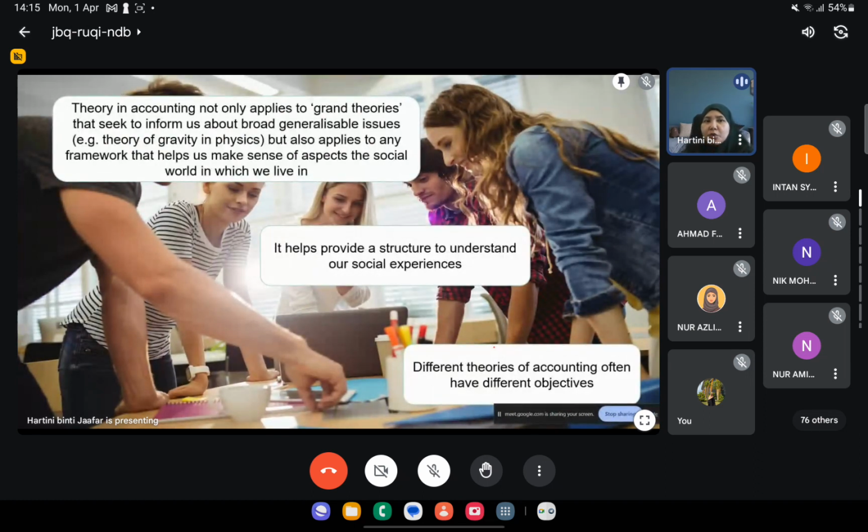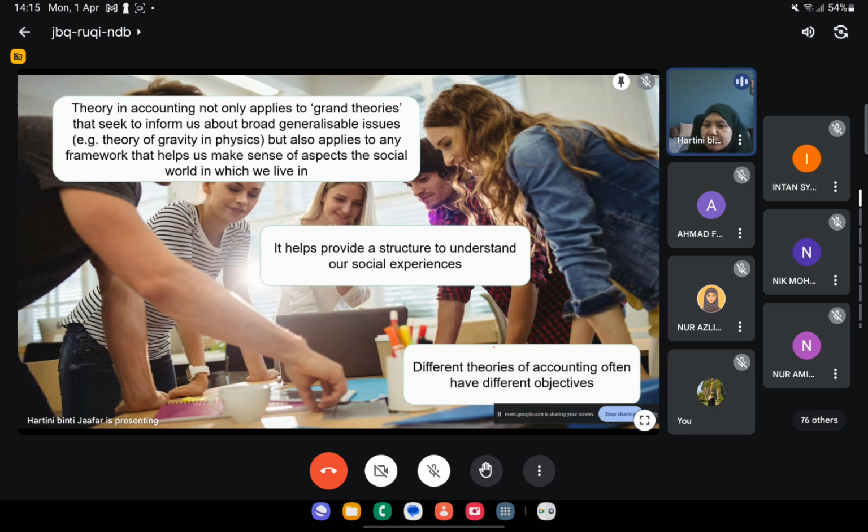So a lot of our theories in accounting are actually based on other fields. The most that we adopt or borrow the concept from is economics theory. And then towards the end, we apply a lot of sociological and psychological theory. So that's why when we borrow the concept, we apply it in the context of accounting.